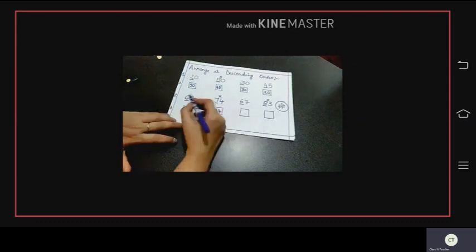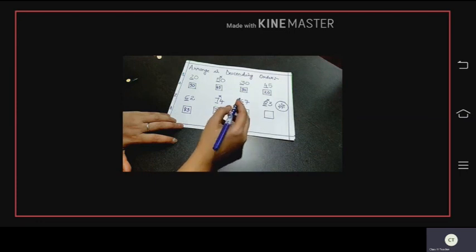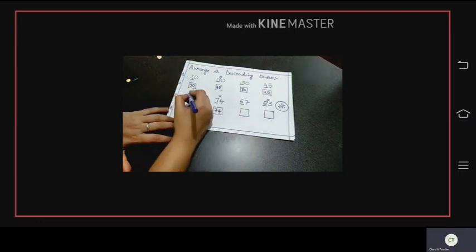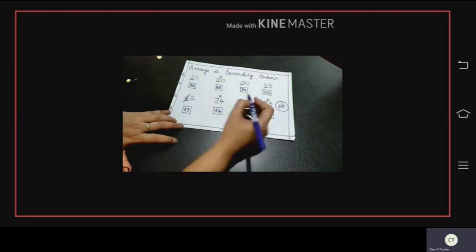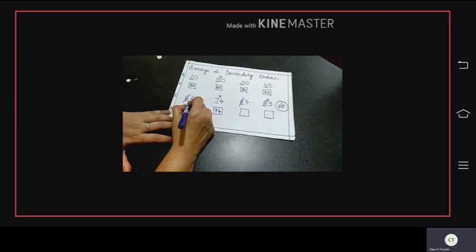Both the numbers are having the same digits in the first place, 6, 6. Now how to know which is the bigger number, 62 or 67? When the first digits are same, what you have to do? Ignore the first digit, strike it off. Then you have to go for the next digit.